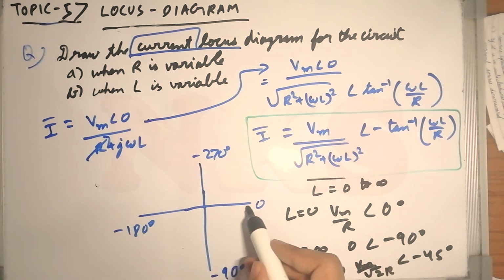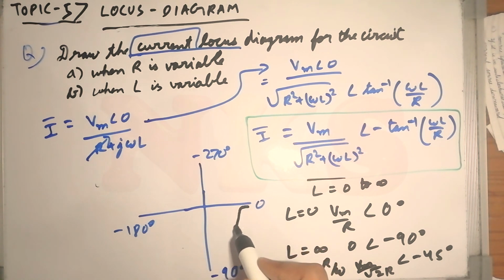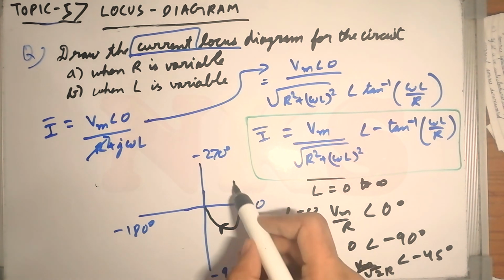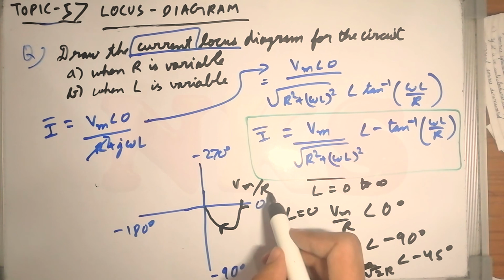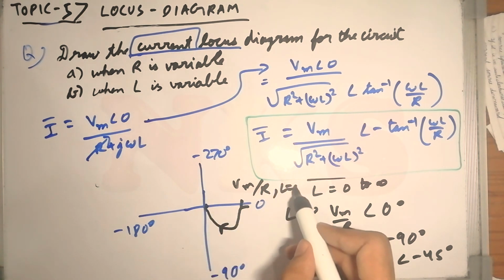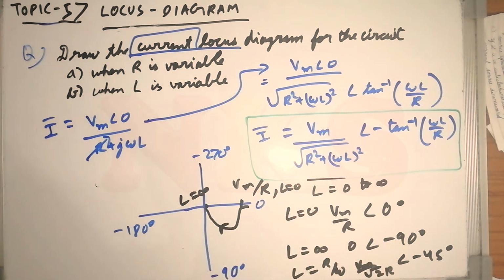So it will start from something like here and it will move in this fashion. The starting value will be Vm by R, where L is equal to 0, and here L is equal to infinity. So this is just a rough idea that the phasor will move in this fashion.